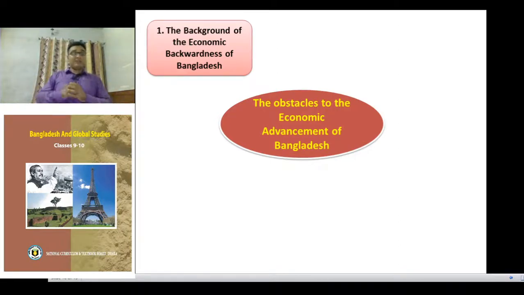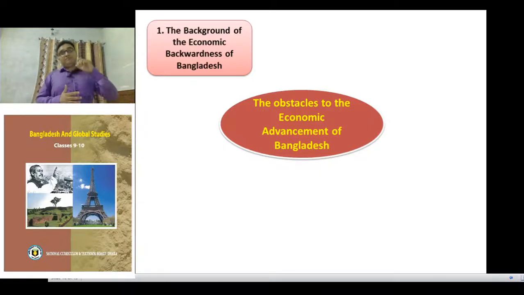Again, we know that in 1947, two countries were created in the Indian subcontinent. One was India and another was Pakistan. In Pakistan, there were two parts. One was West Pakistan and another was East Pakistan. The rulers of West Pakistan ruled East Pakistan like foreign rulers, and they looted a huge amount of natural resources from East Pakistan.